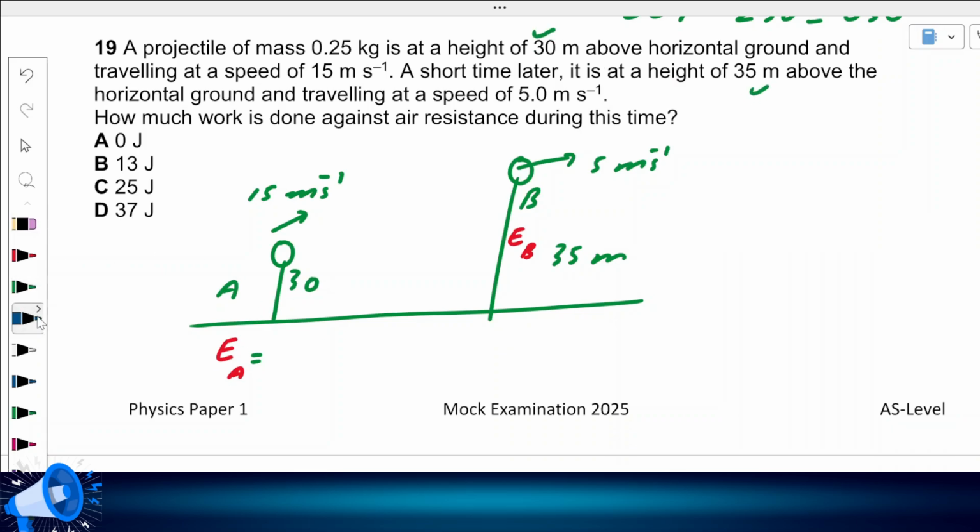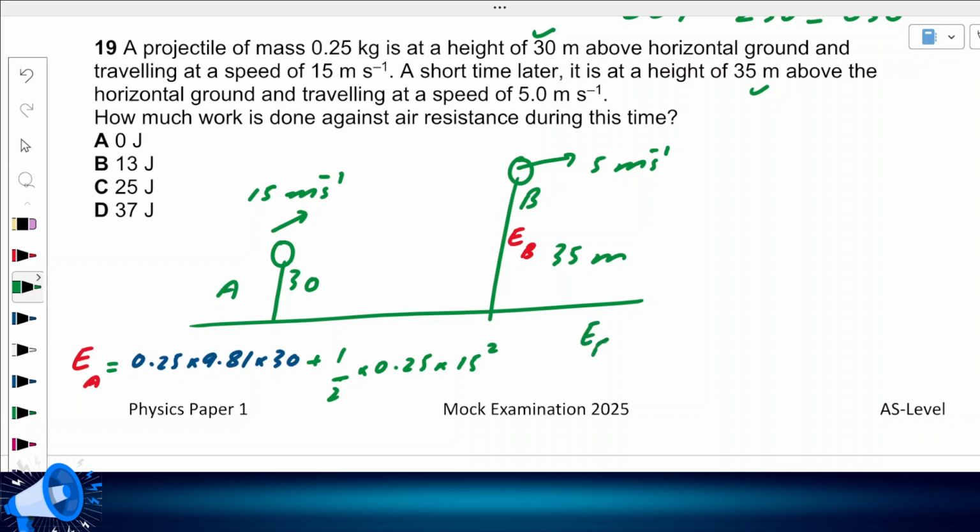The energy at A is the sum of GPE, mgh, plus kinetic energy, 1/2 m v squared, this one.